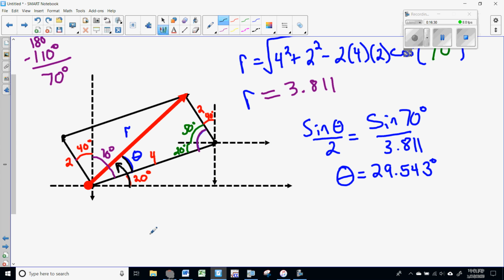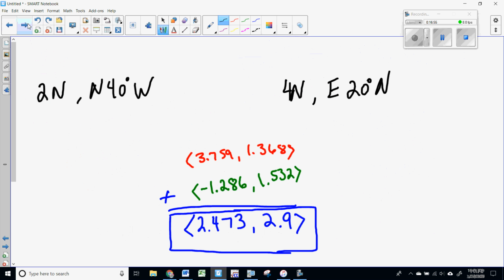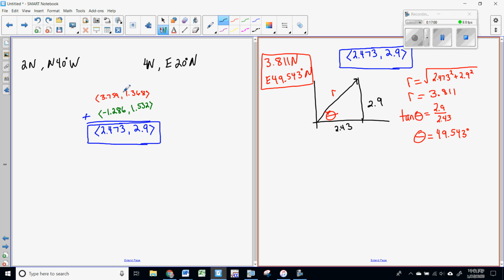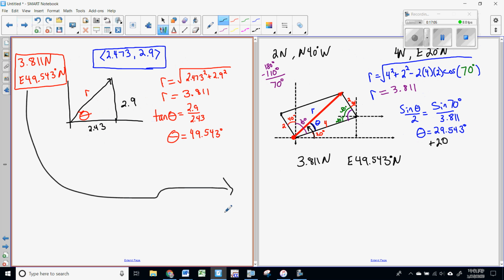So I have to add that 20 down here to the 29, which is going to give me east 49.543 north, and my length or my magnitude was 3.811 newtons, which you can see is the same thing we got back here by doing it with component vectors. We end up getting the exact same answer either way.